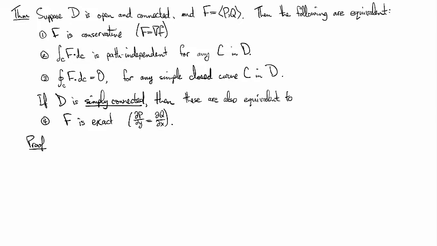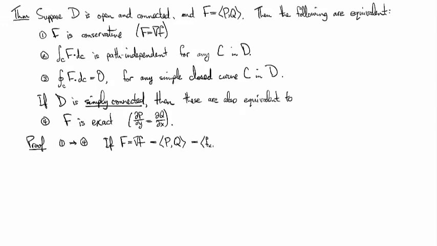So, what about this idea that f is conservative implies that f is exact? Well, if f looks like the gradient of something, then if we call its components p and q, since it's the gradient of something, this is the derivative of f with respect to x and the derivative of f with respect to y, right?